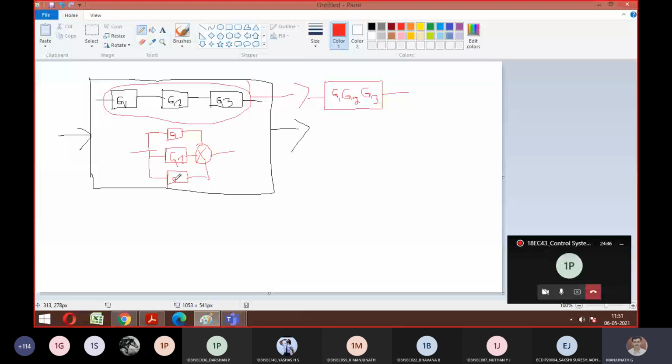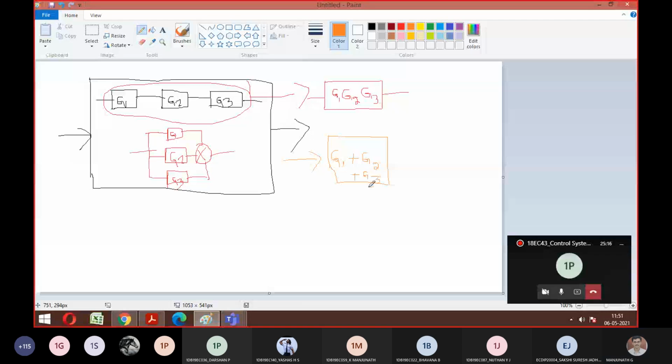That single block will have the formula as the addition of all three: G1 plus G2 plus G3. So we are analyzing the set of rules to be followed for the reduction technique of block diagrams. Is it okay? Rule number 2. Everyone?